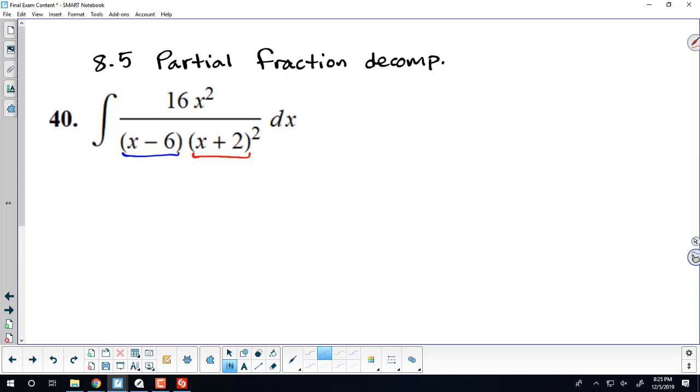With this, we would say that the entire integrand is equal to these partial fractions. We've got a simple linear, so that's the case where we just had a coefficient like a.